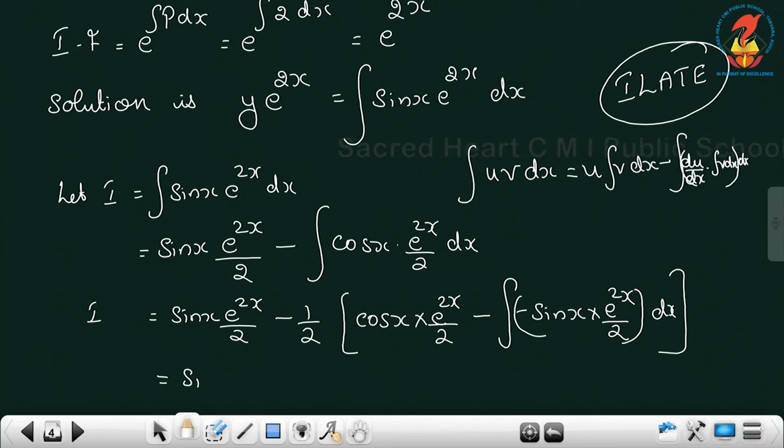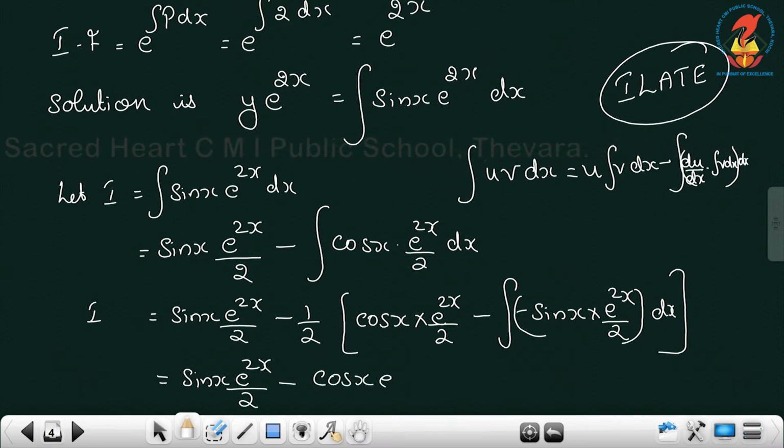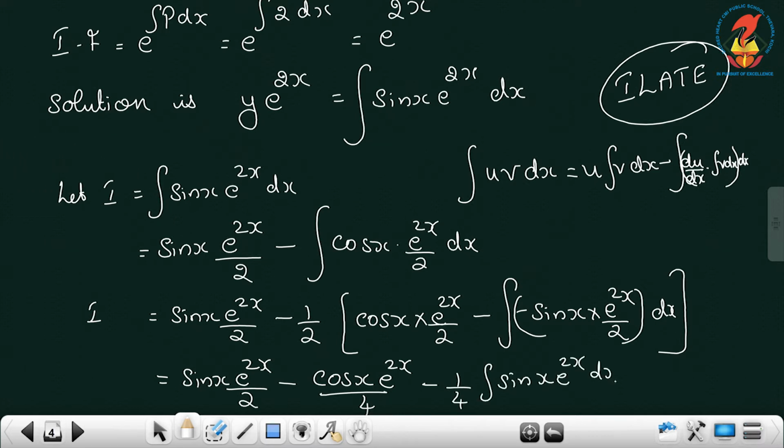So that is sin x e raised to 2x by 2 minus, we can multiply cos x e raised to 2x by 4, then minus of minus plus, okay, 3 minus are there. So it is minus 1 by 4 integral sin x e raised to 2x. And this is same as the question.